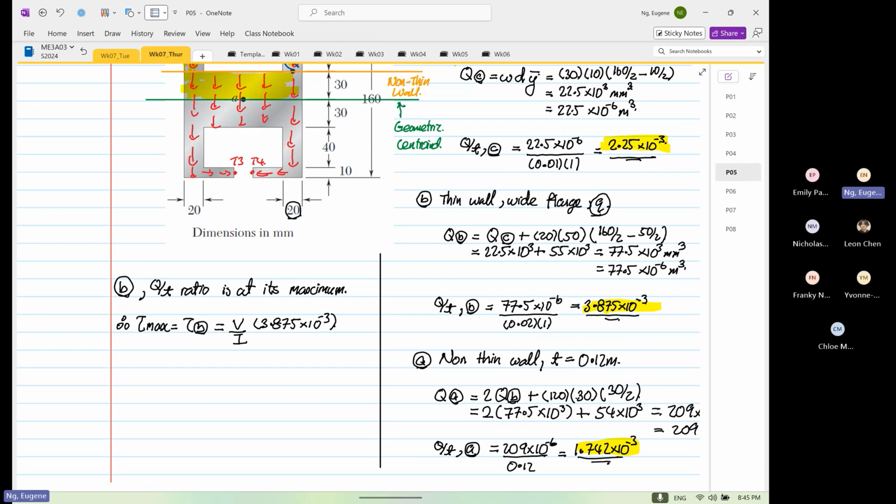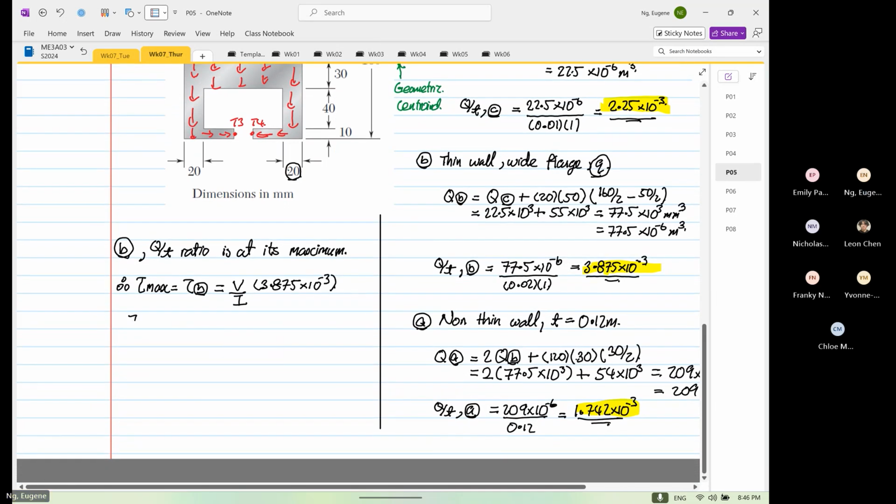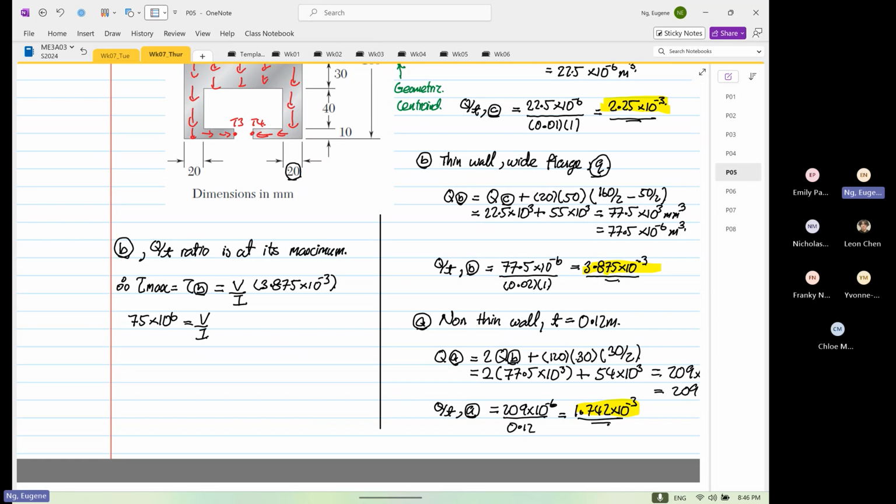So from here, tau max is equal to 75 times 10 to the power 6, and our V over I ratio will be equal to 75 times 10 to the power 6 divided by 3.875 times 10 to the power minus 3, which is equal to 19.355 times 10 to the power 9. Okay, and this is in Newton per meter 4.